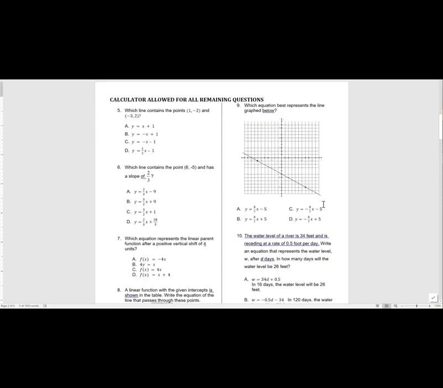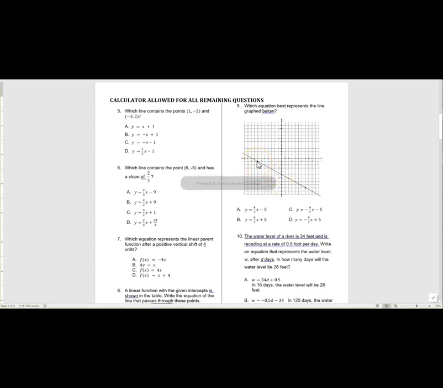Okay, up to problem number 9. Which equation best represents the line graph below? Okay, so what we can do here is use the 2 points that they have put on the line, and count from one point to the other to determine the slope.